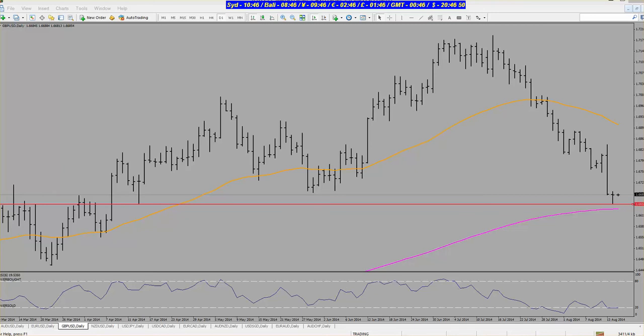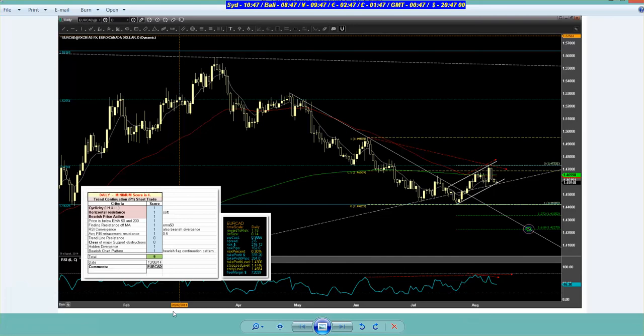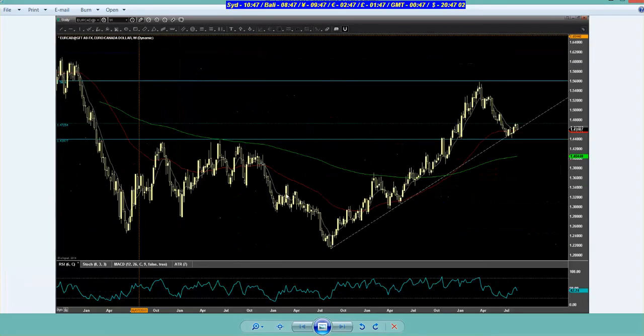And finally, EuroCAD. The confusion here, I'm sure everybody's looking at it, is the weekly here. Good strong trend on the weekly. It has been cycling. You're on the third touch, 1, 2, 3.